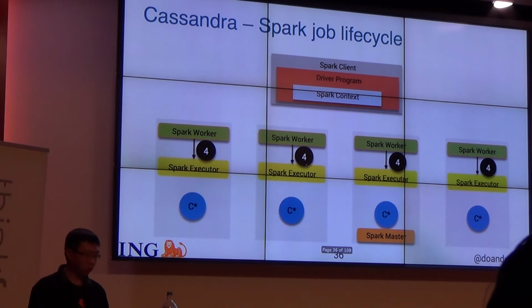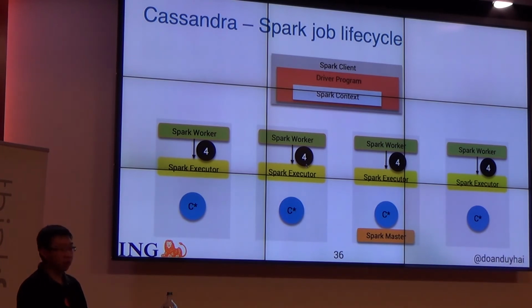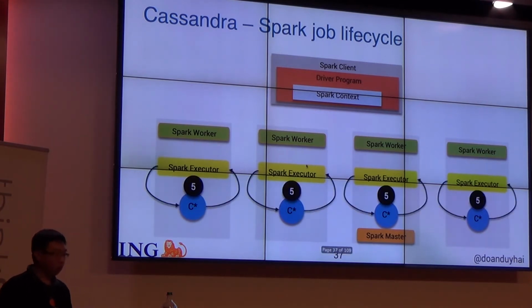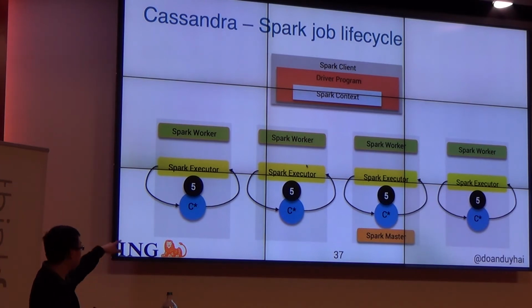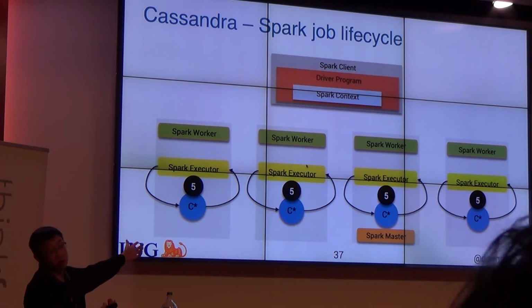Each Spark worker will create a Spark executor, which is like a context inside which your application will run. If you have 2 Spark applications, each of them will run in separate executors, so there are some boundaries. And if you are accessing data, each Spark executor will communicate with the Cassandra process using the Spark connector.